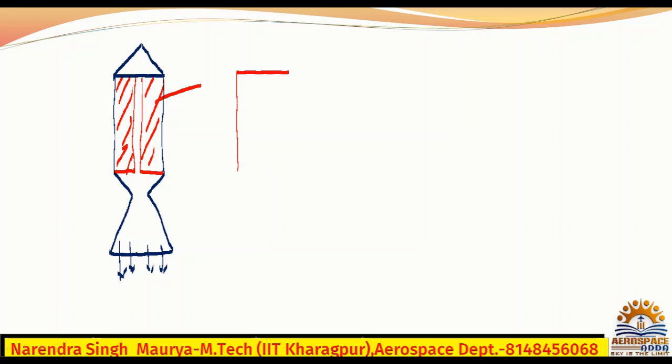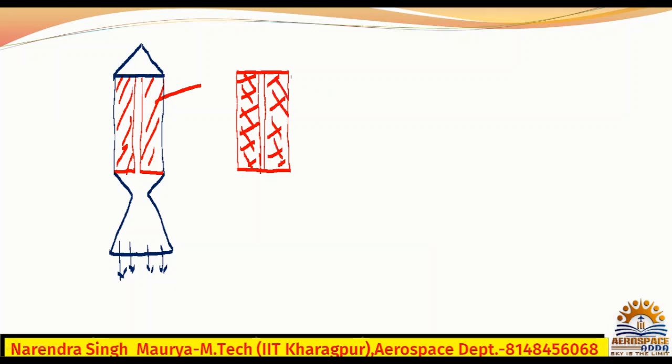Now a very small hole is there so that gases can travel. This is the propellant. This is one cylindrical kind of propellant. Cylindrical propellant. Yes or no?